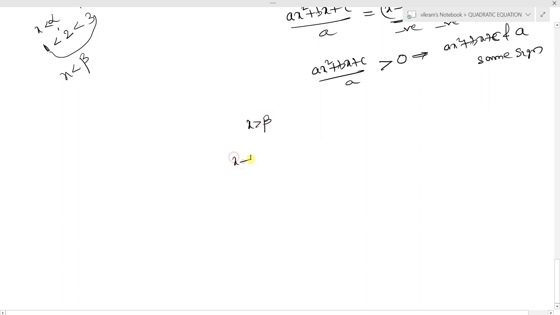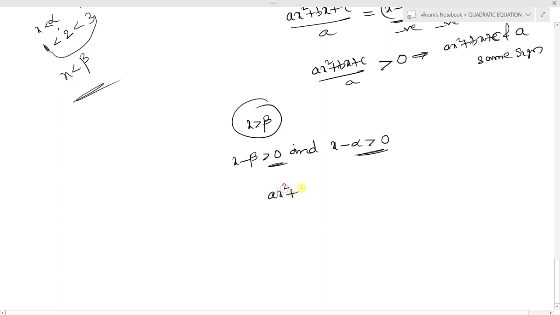So now the next case is x greater than beta. That means x minus beta is greater than 0. We can say that obviously x minus alpha is also greater than 0. If x is greater than beta, then x minus beta is greater than 0, which means obviously x minus alpha is greater than 0. Then ax square plus bx plus c by a equals x minus alpha into x minus beta, where x minus alpha is positive and x minus beta is also positive.